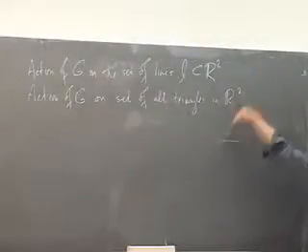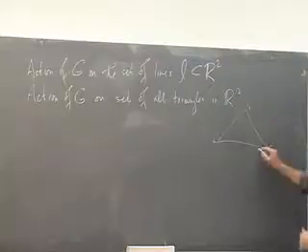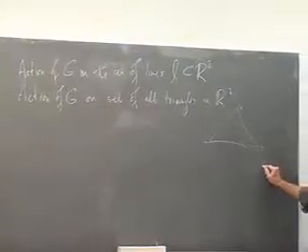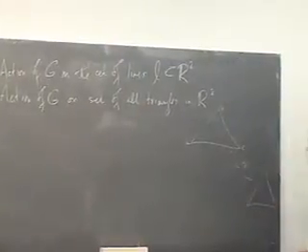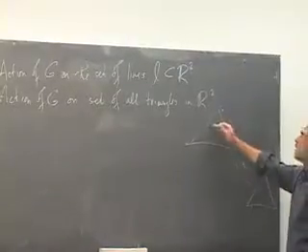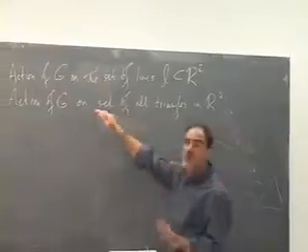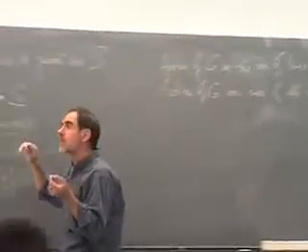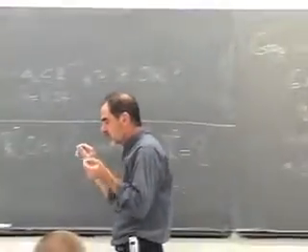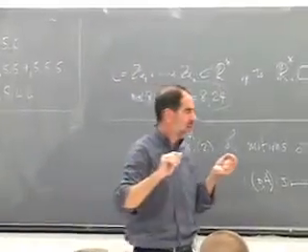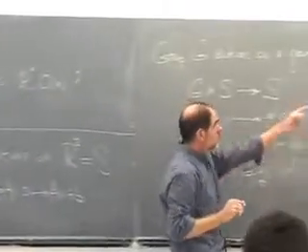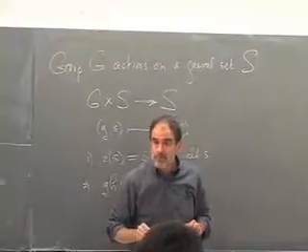The line AB is taken to the line through the image of A and the image of B, so it goes to another triangle. And in this case, the different images are all triangles congruent to that one in the plane, because remember, G preserves distance. So by the Euclidean theorem that the lengths of the sides of the triangle determine the congruence class of the triangle, you'd be going to a congruent triangle.